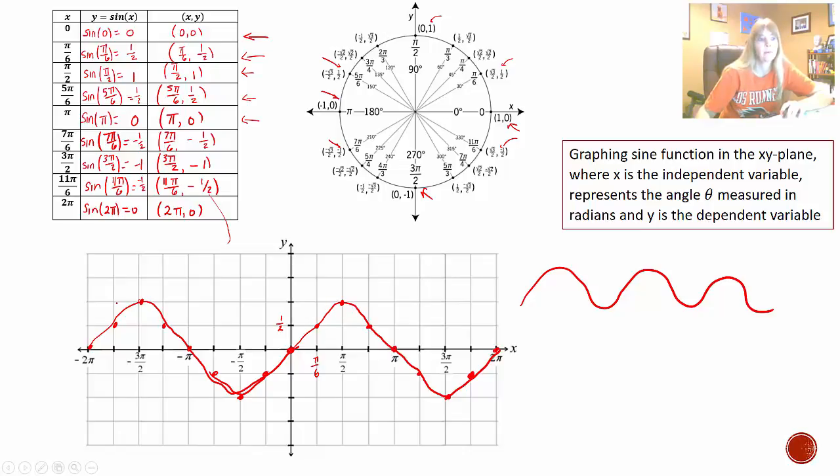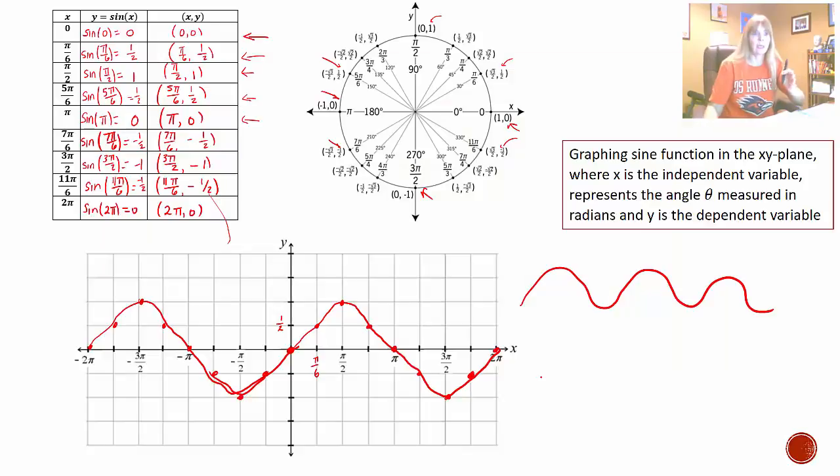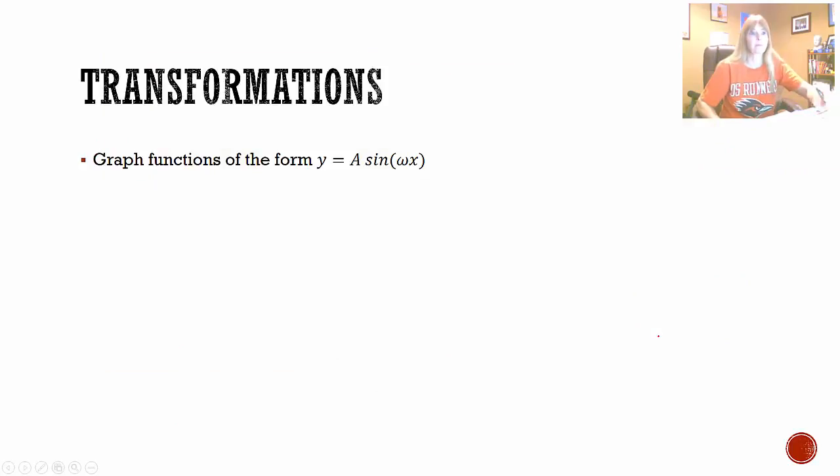So those are nice little properties, and it's good practice to go through and draw this once so you can understand the connection between looking at the unit circle and turning it into a plot like this.